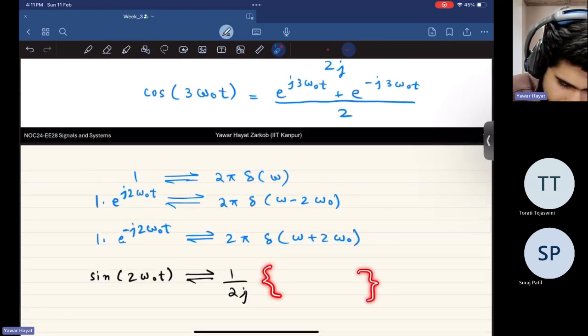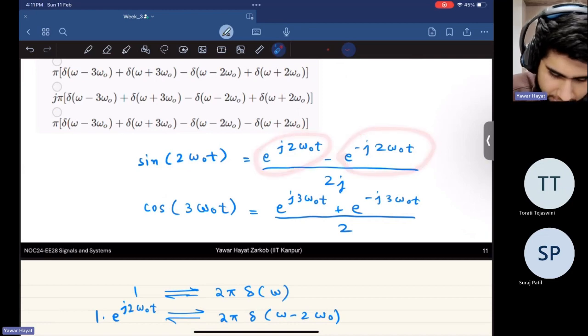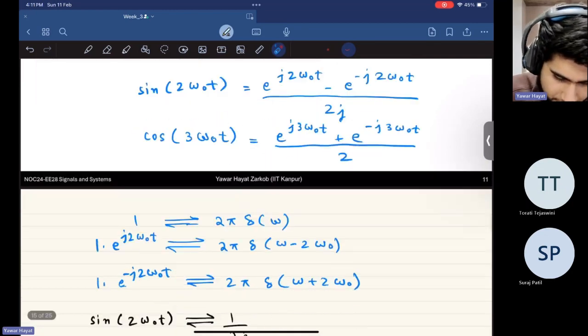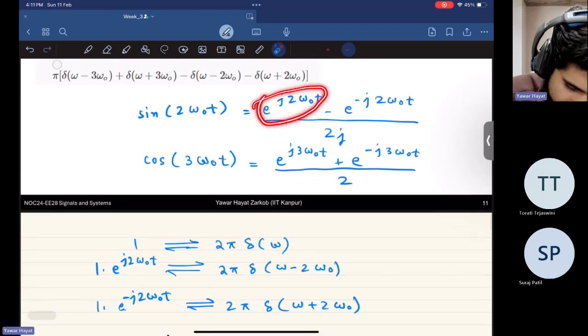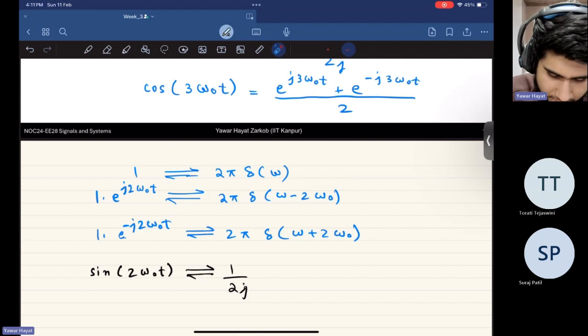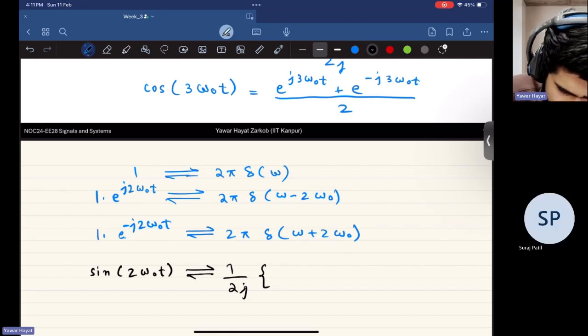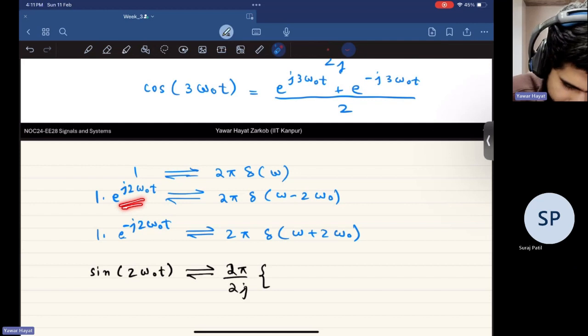What will I be left with? Fourier transform of this plus Fourier transform of this, but with a negative sign. What is the Fourier transform of this? We saw that the Fourier transform of this is this function. So I can write, in fact, I can take this 2 pi common as well because 2 pi occurs in both.